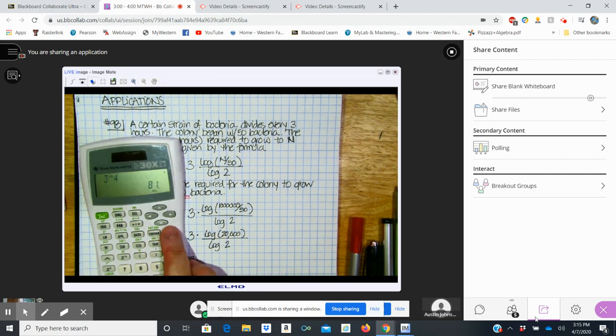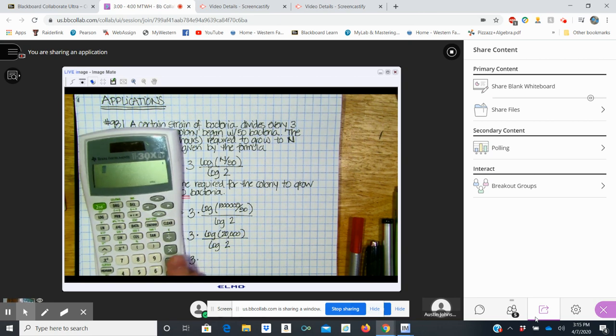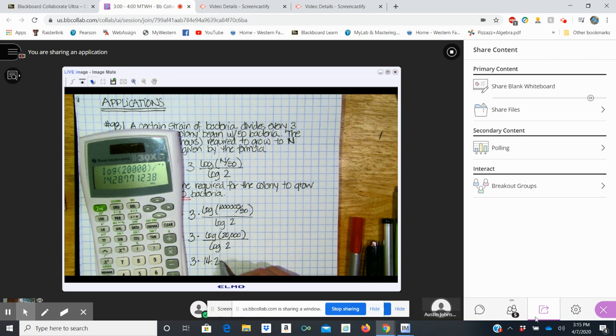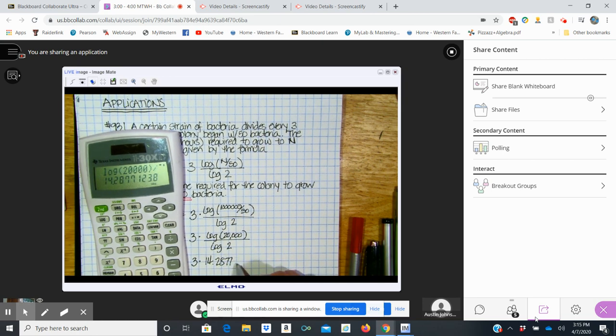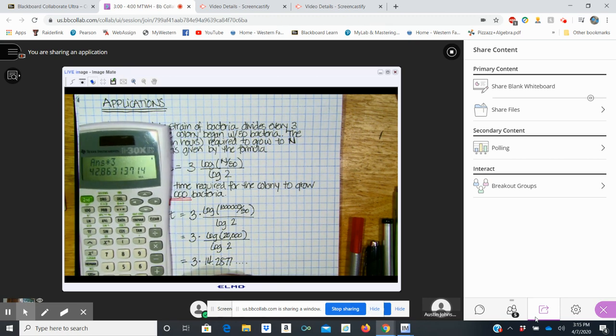So really, you're just practicing with the calculator, doing a log of 20,000 and dividing it by log of 2 to get the 14.2877 bunches of numbers, and then multiplying that by 3 to get about 42.9 hours.